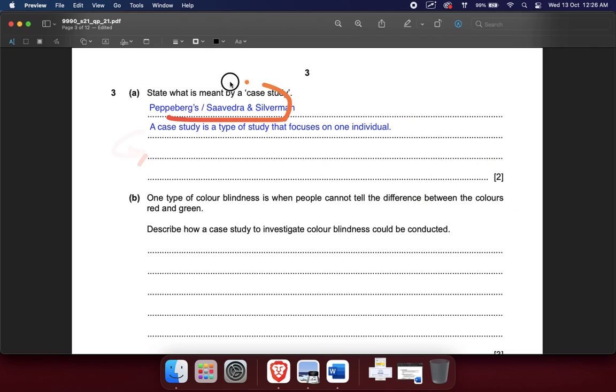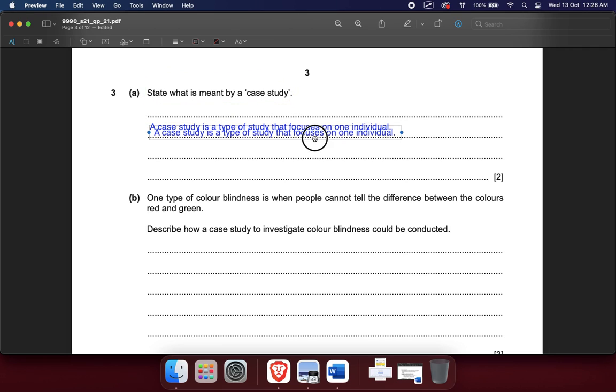Do I talk about Pepperberg and Savidra here? Do I? No, I don't need to because the question doesn't ask me to. The question just says, state what is meant by a case study. This is a definition kind of question. So if I know that a study focuses on one individual, what else does a case study involve, right?